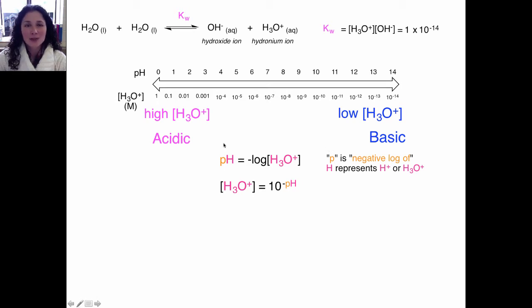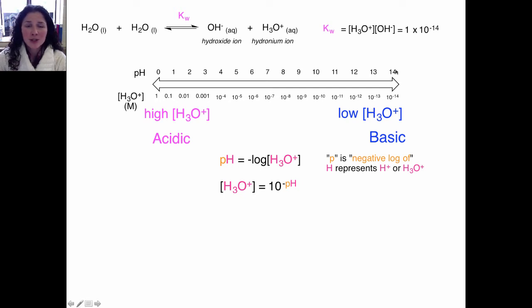I'd like to point out something very simple but very important. This is the hydronium ion concentration, and at this end of my scale, I am at the highest end of the concentration scale. On the other side here, I'm at the lowest end. But when I'm talking about pH, a high acid concentration gives you a very low pH number, and on the other hand, a very low concentration of hydrogen ions gives you a very high pH number.